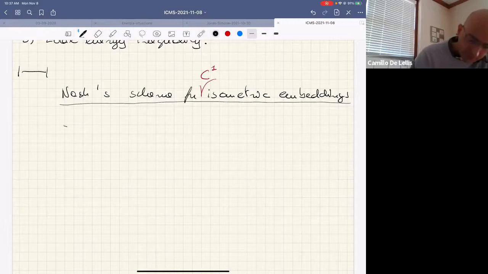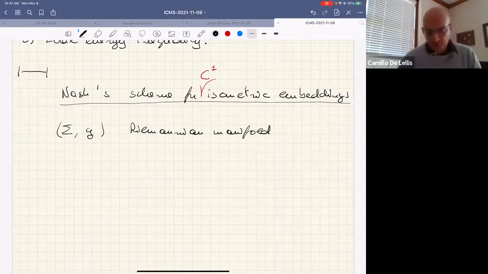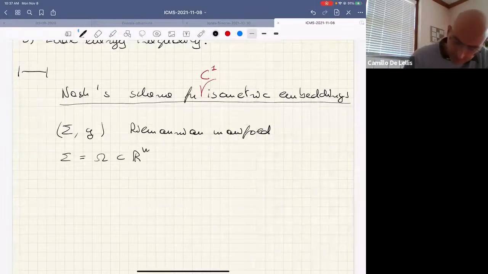So I have (Σ, g), which is a Riemannian manifold. And for the purpose of this talk, what you can think is that Σ is in fact a patch Ω of an m-dimensional ambient space, and g is a smooth metric.